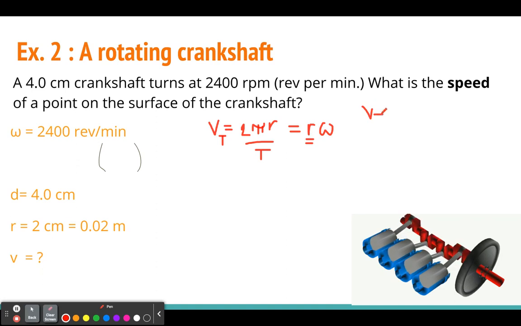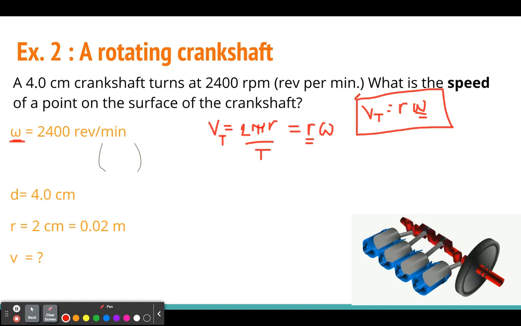So tangential velocity is the radius times the rate of rotation, or angular velocity. In this case, we're not given the period, we are given angular velocity. So we want to use our original equation to find that tangential velocity. We could go back from there to find the period if you wanted to. But let's start with our tangential velocity equation.